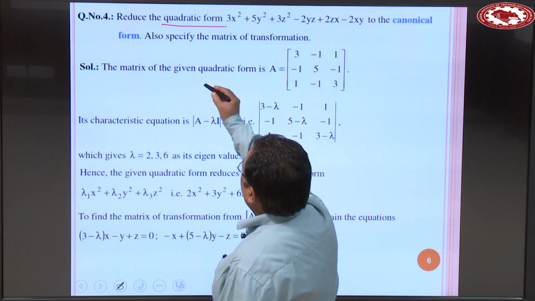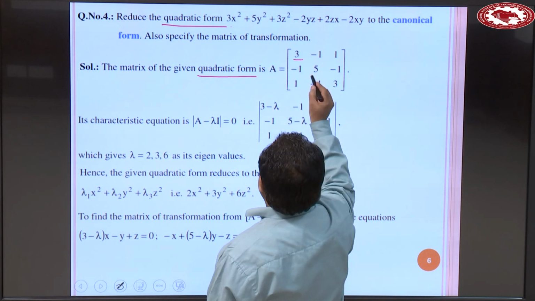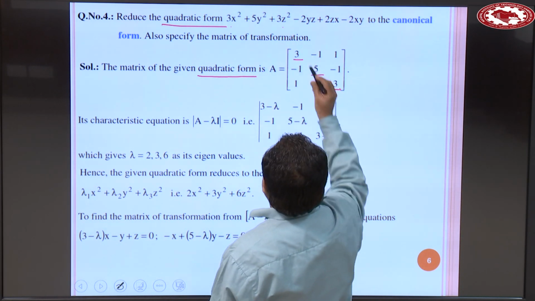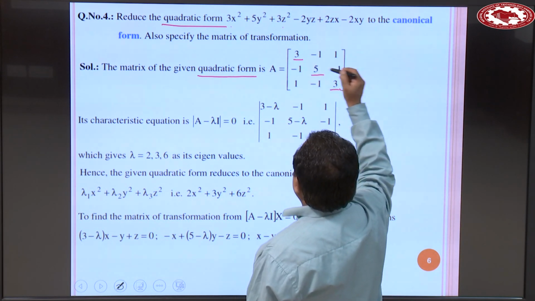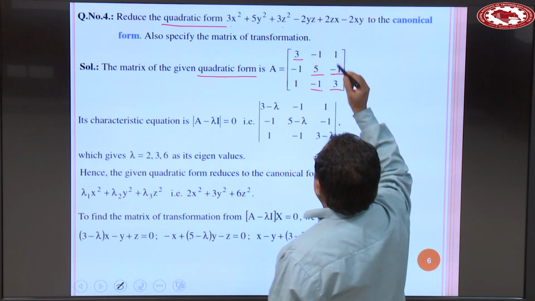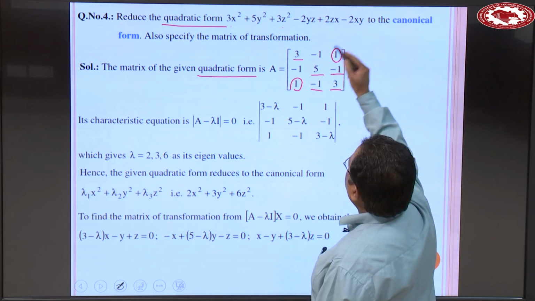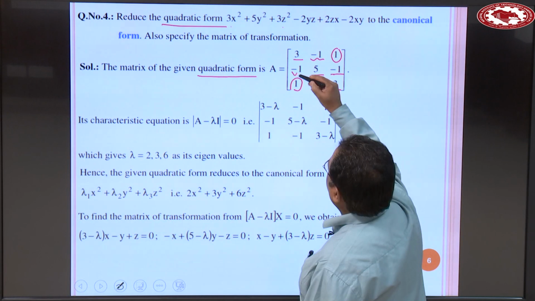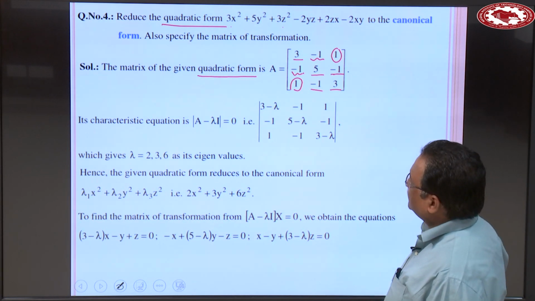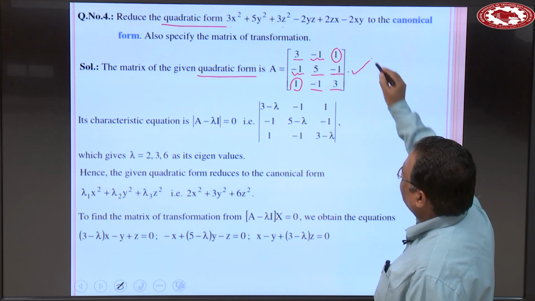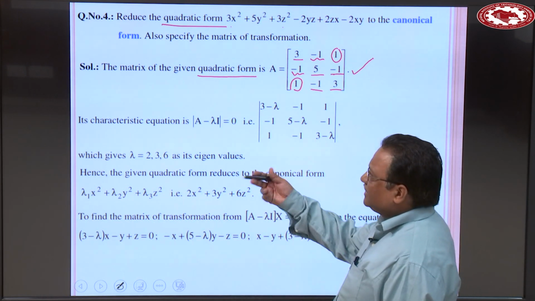So the given matrix of the quadratic form is, with coefficients of squares, yz, zx and xy as shown. जब भी ये कोएफिशिएंट लिखने हैं तो डिवाइड बाय 2 कर लिया करो. Clear? So this one is the matrix of the given quadratic form, means A.